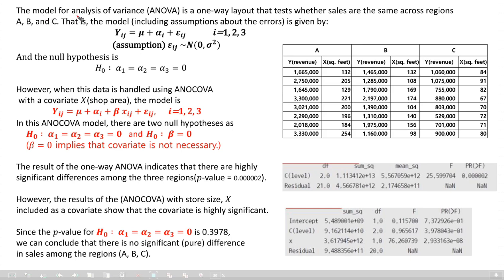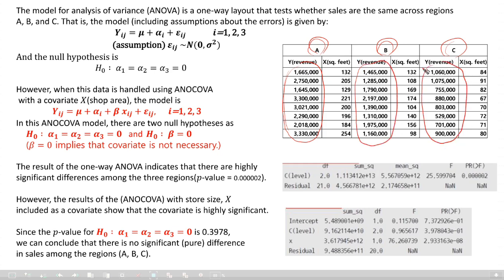The model for ANOVA is a one-way layout that tests whether sales are the same across regions A, B, and C. They get 8 samples from area A, 8 samples from area B, and also 8 sample values from area C. And Y is revenue, the sales amount. These are your data.